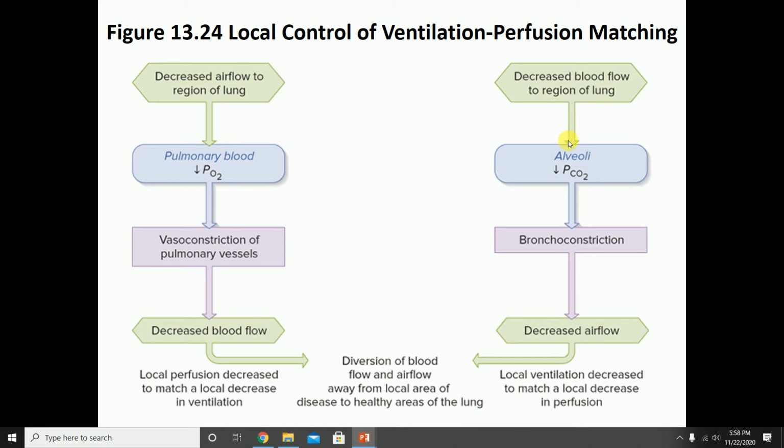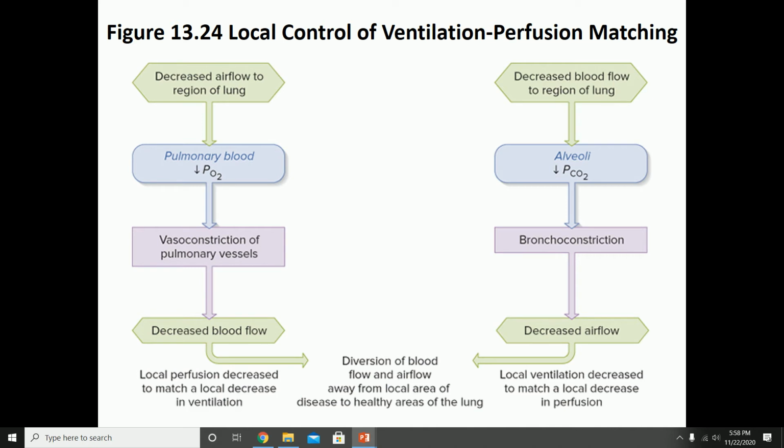Now, the opposite scenario would be if somebody maybe gets a blood clot into one of the pulmonary vessels. That leads to a decrease in the CO2 levels. Now, the alveoli are getting air, but there's no blood for the exchange of gas to happen.